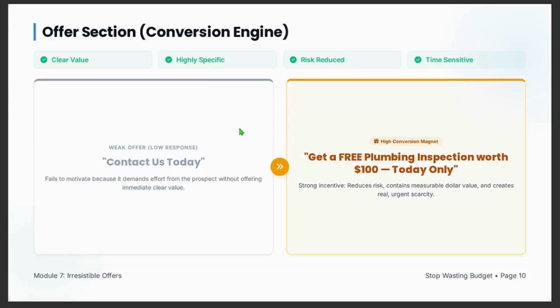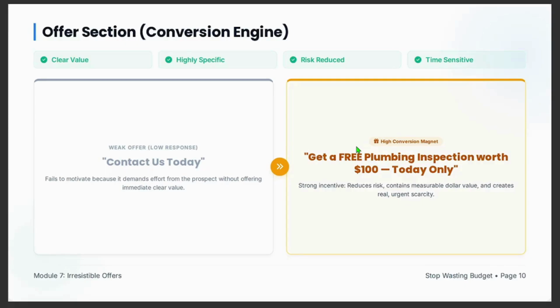And now let's talk about your offer. A weak offer says, contact us today. That's boring, right? That does not excite anyone. And a strong offer says, get a free plumbing inspection worth $100, today only.